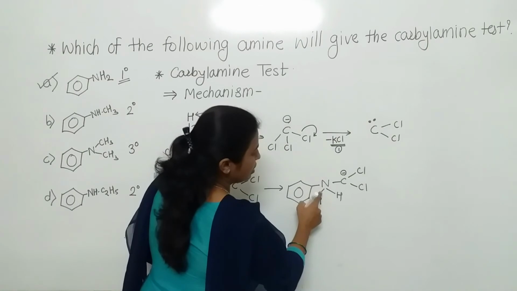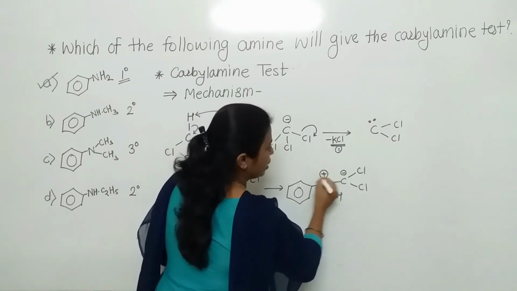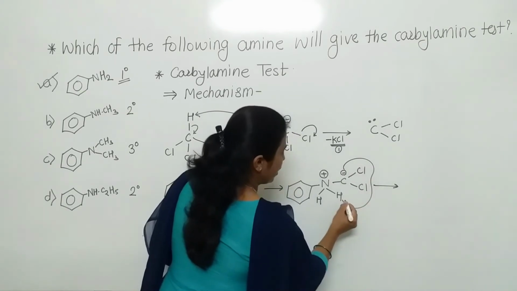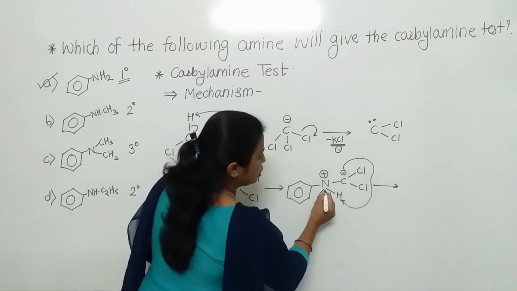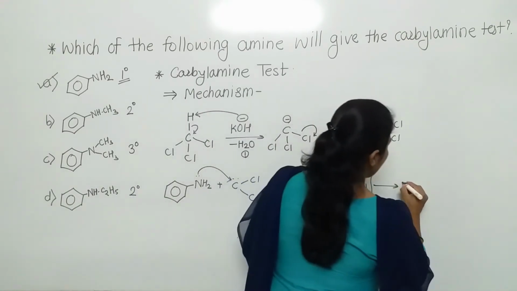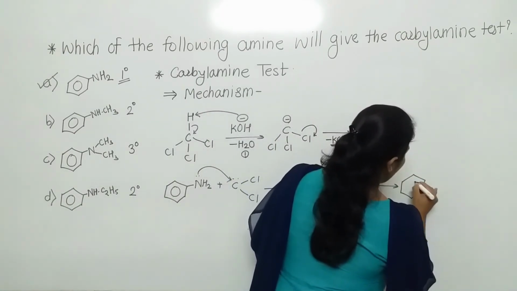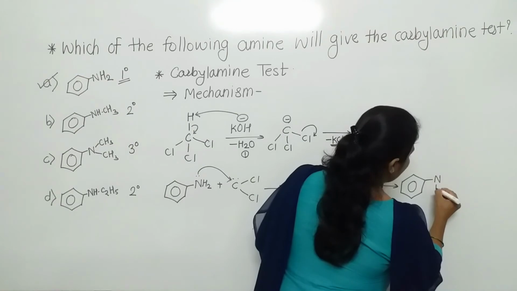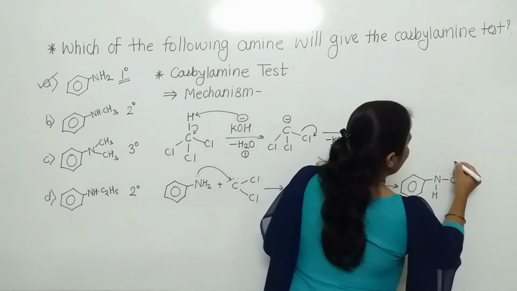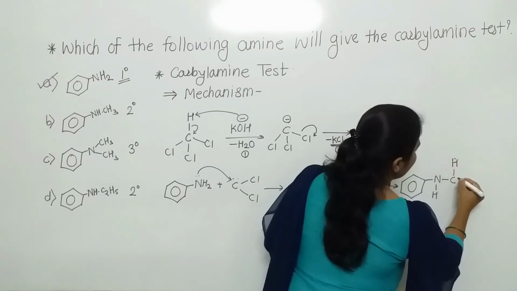This nitrogen has completed 4 bonds, means it will carry a positive charge. Here that negative charge will abstract this proton, and in this way the electron will be given to nitrogen, so the positive charge is removed.